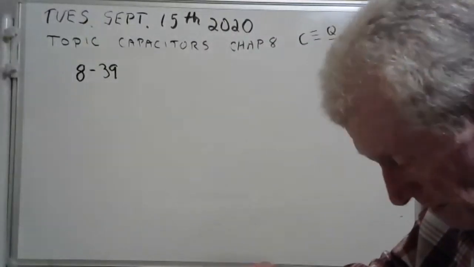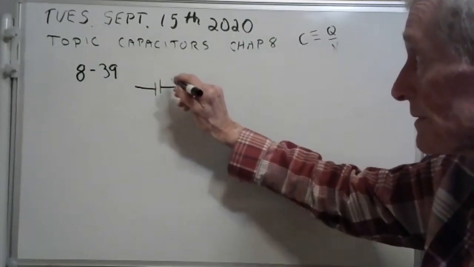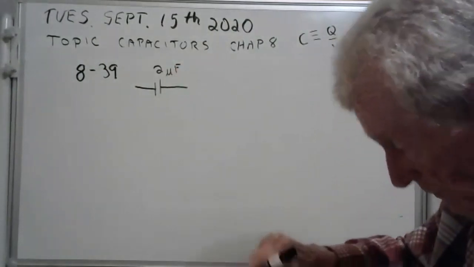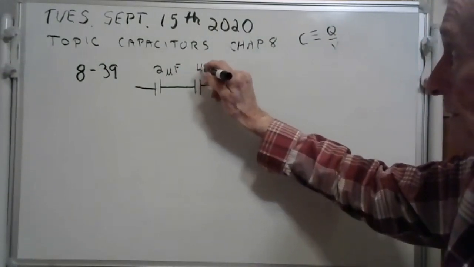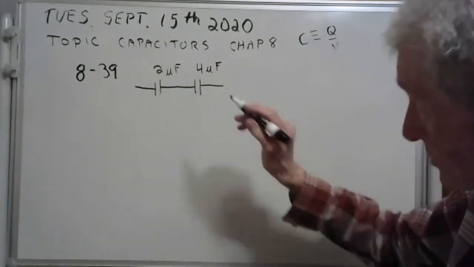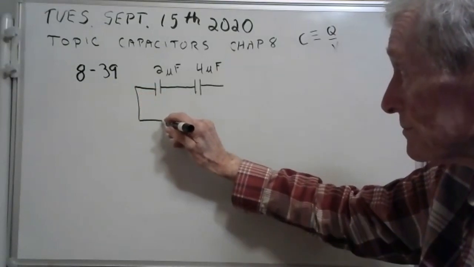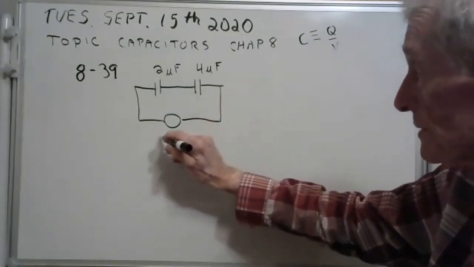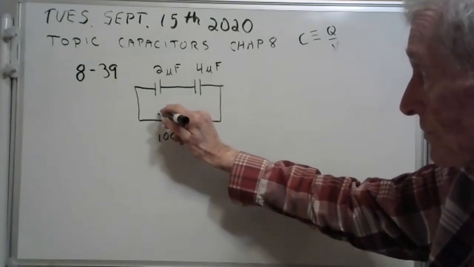Okay, let me do that. 2 microfarad and 4 microfarads are in series, that's series, across a 1 kilovolt. You know what that is? That's 1,000 volts, isn't it? It's a kilovolt.